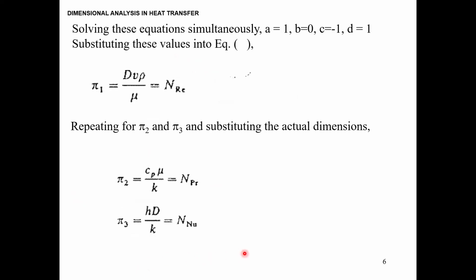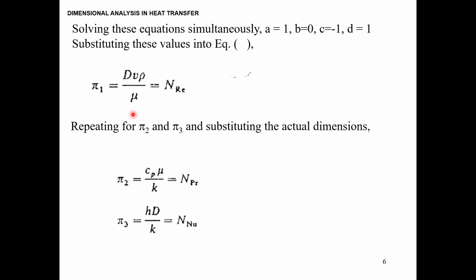Substitute A, B, C, and D in pi 1. Now you get a very familiar form that you can recognize, which is nothing but your Reynolds number. So pi 1 is your Reynolds number.